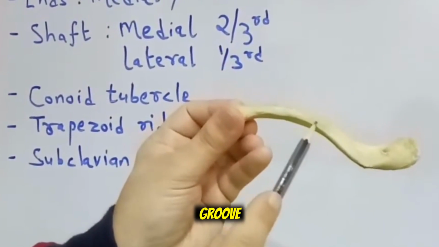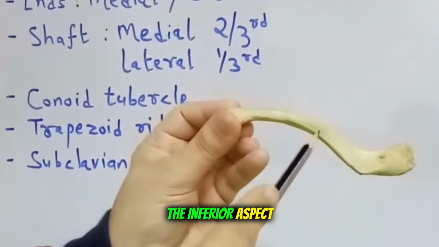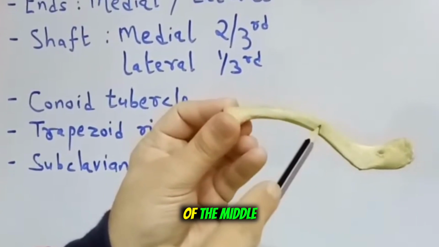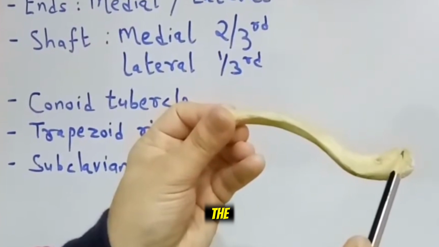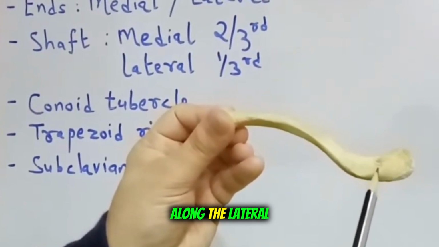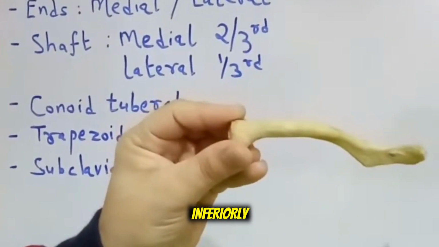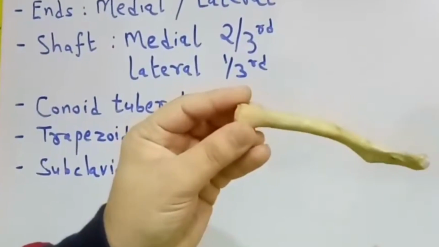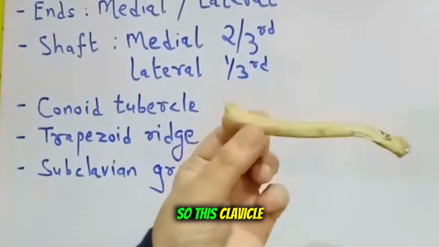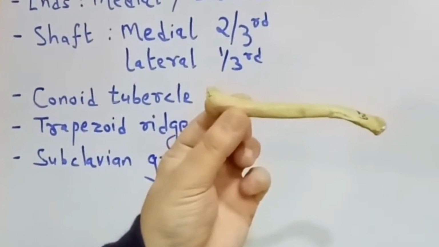The subclavian groove is present on the inferior aspect of the middle part of the shaft and along the lateral aspect of the lateral 1/3 of the shaft. Inferiorly, there is a conoid tubercle and trapezoid ridge. So this clavicle is the left clavicle.